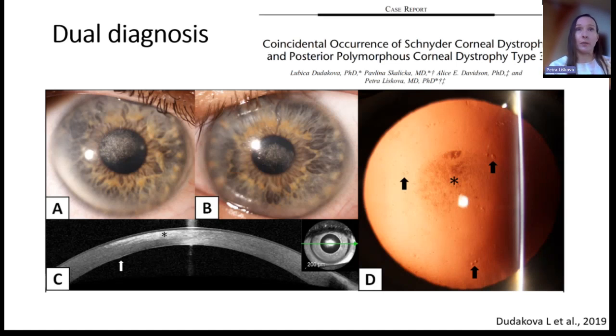And the last case that can happen is the dual diagnosis. I always wonder, what are your chances to win a lottery compared to having two different rare corneal dystrophies? But we did observe a patient with Schnyder corneal dystrophy and posterior polymorphous corneal dystrophy type 3, and both were characterized at the molecular level. So we identified the disease-causing mutations.